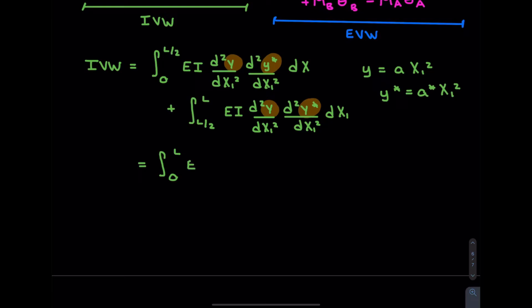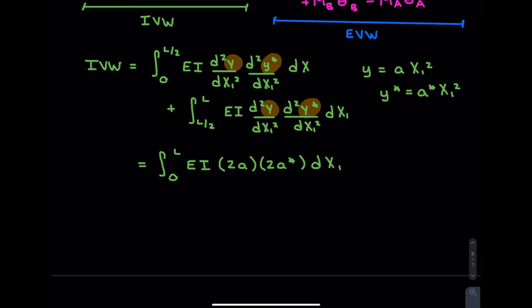So EI is the same in both of the integrals. d²y is the same in both of the integrals, and it's just going to be 2a, which is pretty easy because all we have to do is take the integral of a x1 squared twice. And then we have the second derivative of y star, which is going to be 2a star, and this is all with respect to dx1.